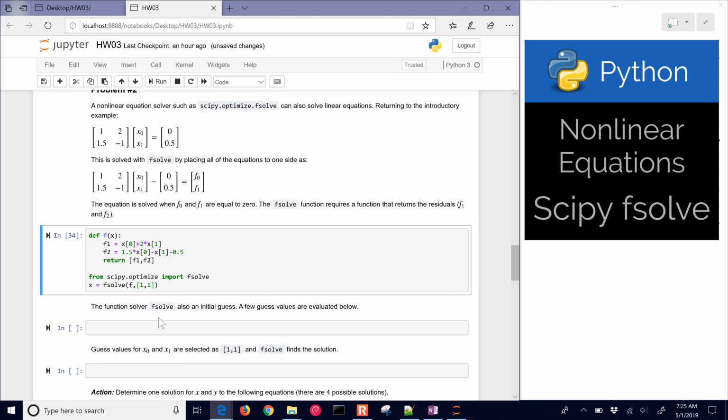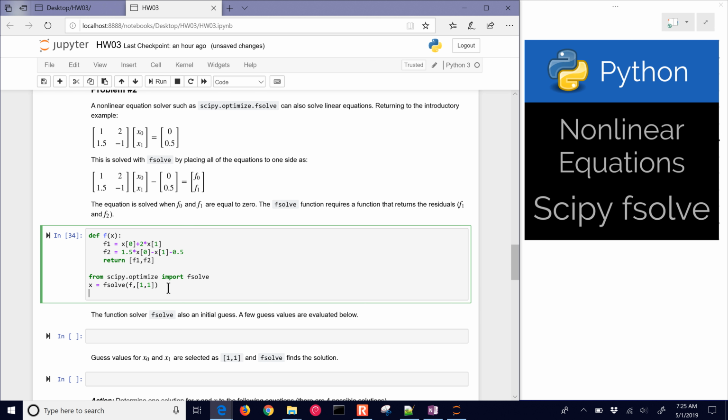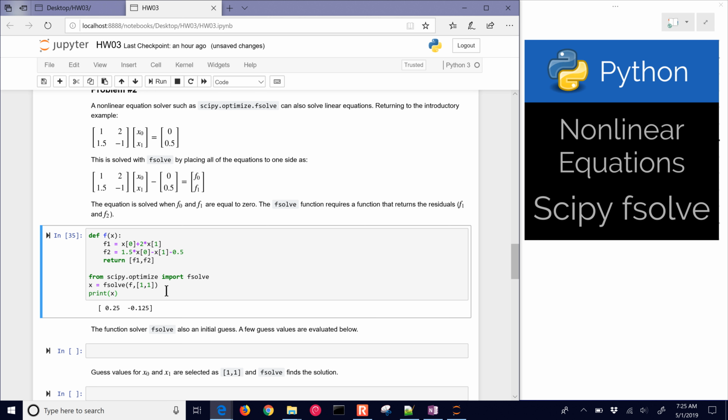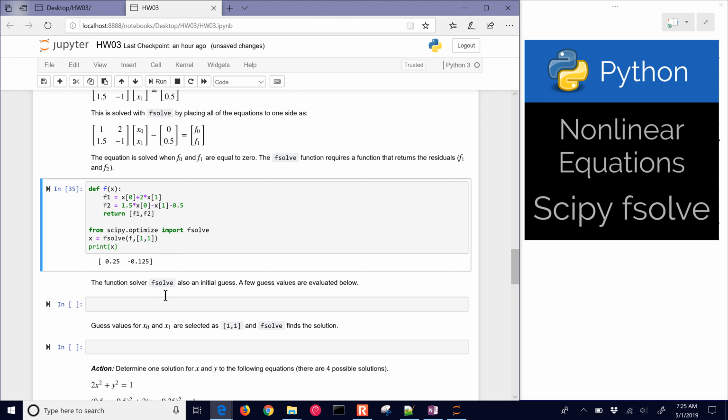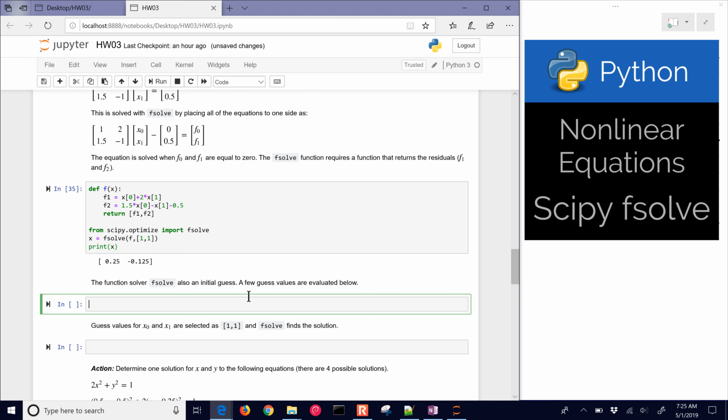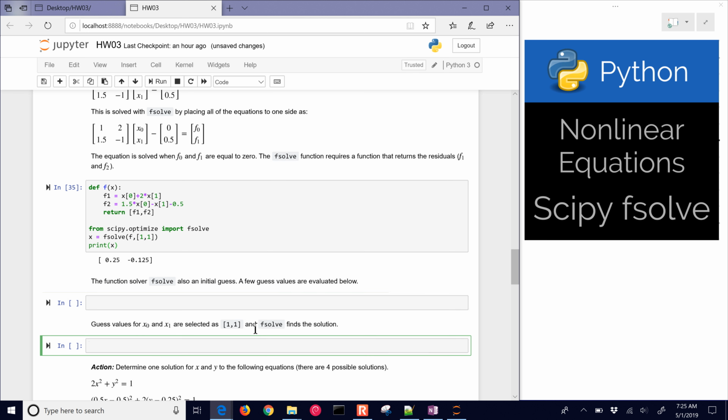In this case I'll use 1, 1, and then I'll print the value of x. Okay, so that gave me a solution just like I found previously when I solved it as a set of linear equations. Those were some initial guesses that we showed, and then we solved it as it instructs us here.